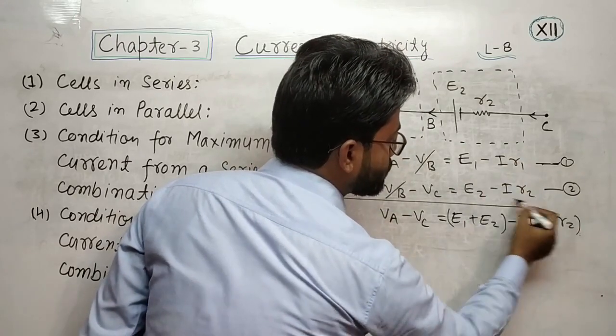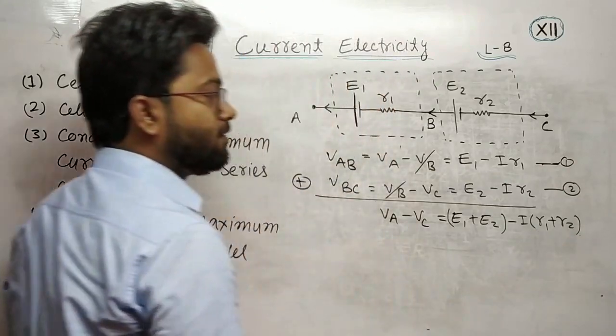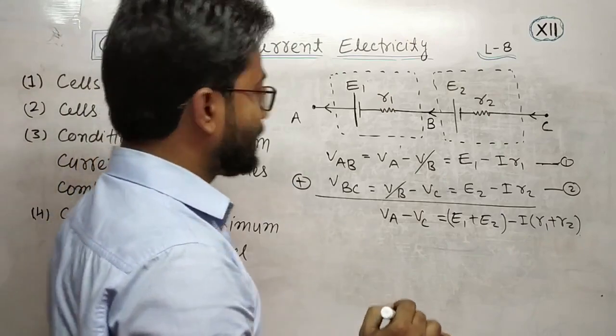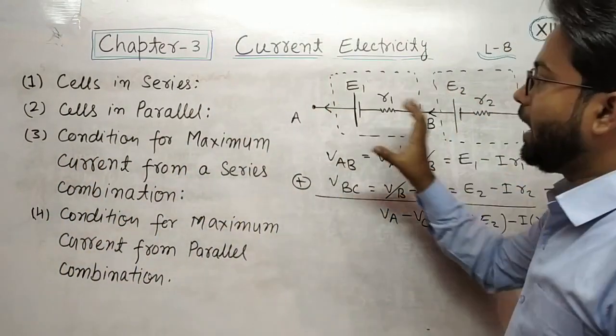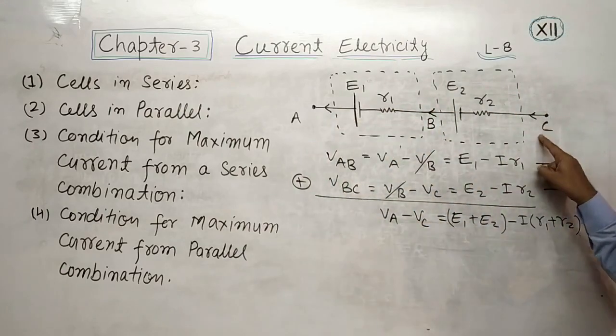On adding these two, we get E1 plus E2 minus I times (R1 plus R2), and we need to calculate the equivalent EMF and equivalent resistance between the points A and C.